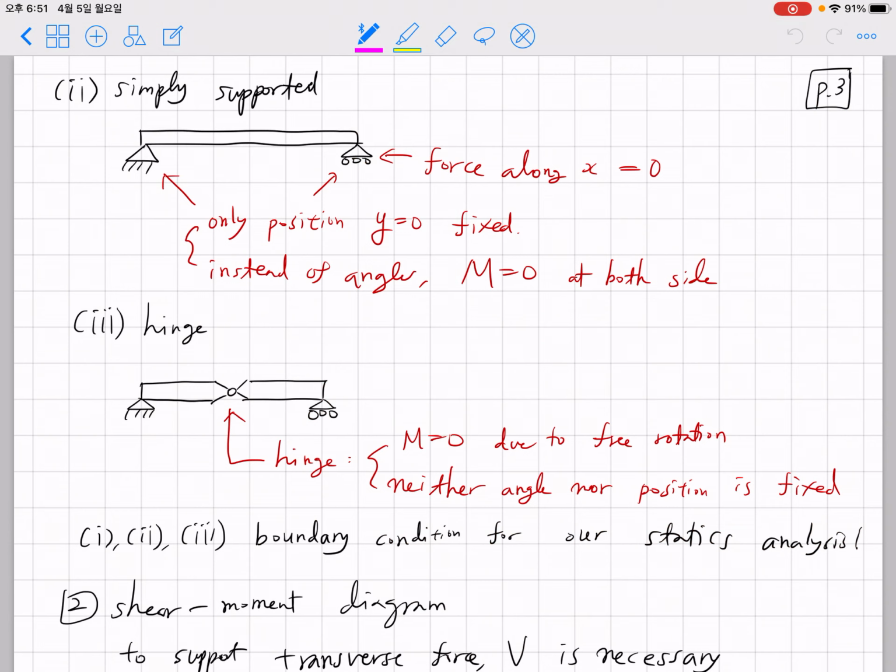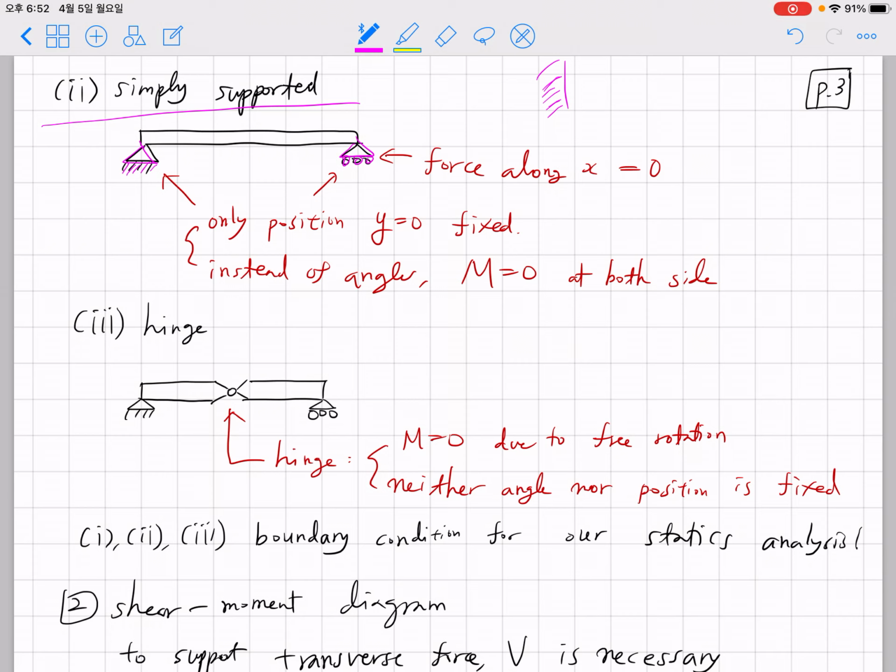And second, you're gonna see simply supported beam. Instead of a rigid wall, you're gonna see a little triangle. One triangle will have a rigid wall at the bottom, and the other triangle will have a circle or wheel at the bottom.